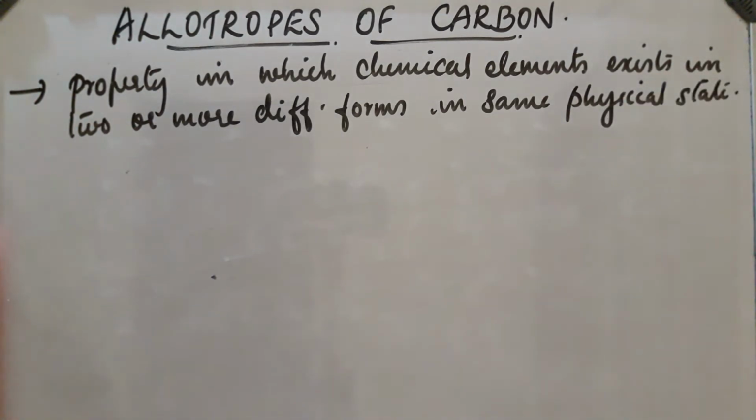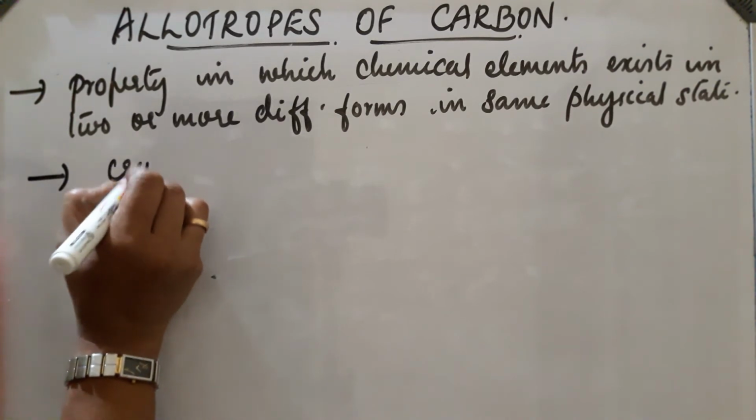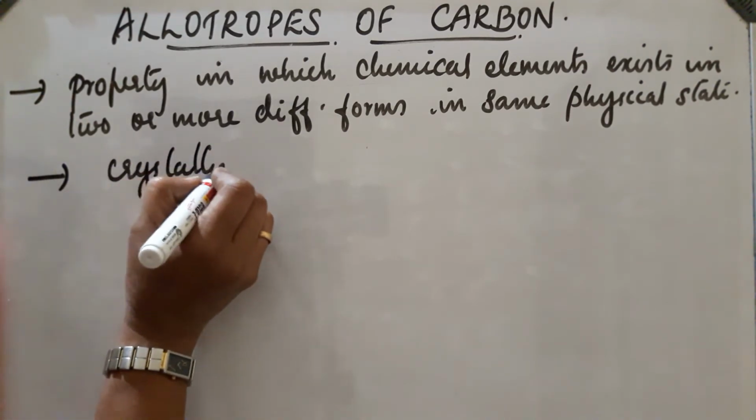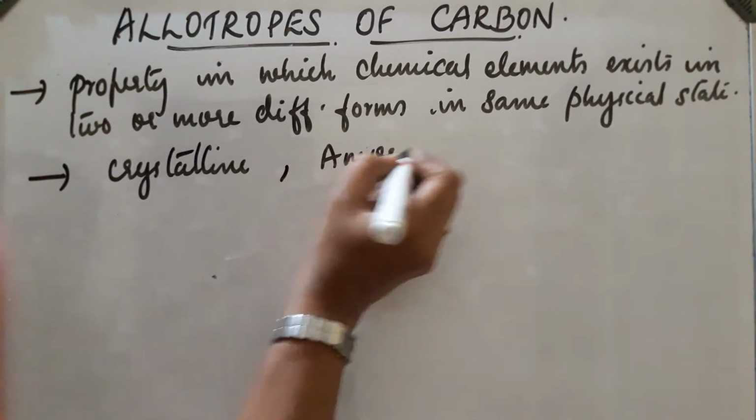That is, in the case of different allotropes, atoms of the element are bonded together in a different manner. Carbon exists in two allotropic forms, the crystalline form and the amorphous form.